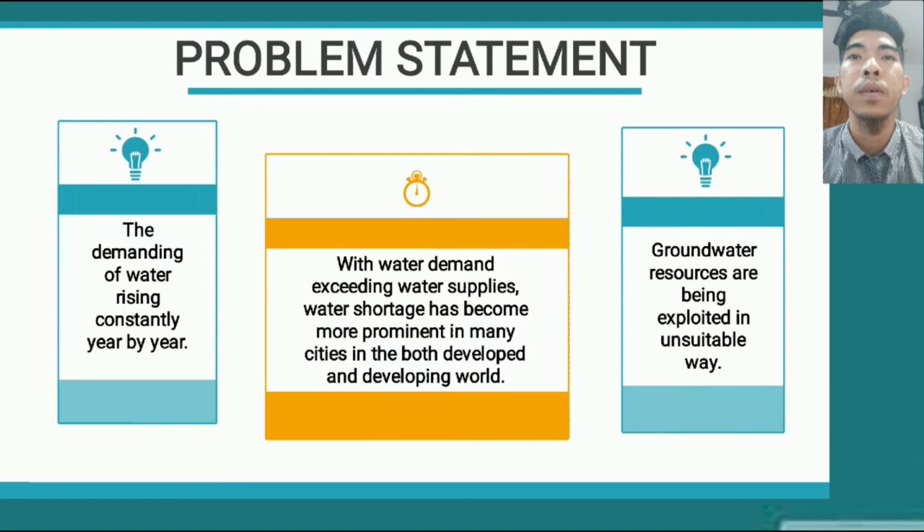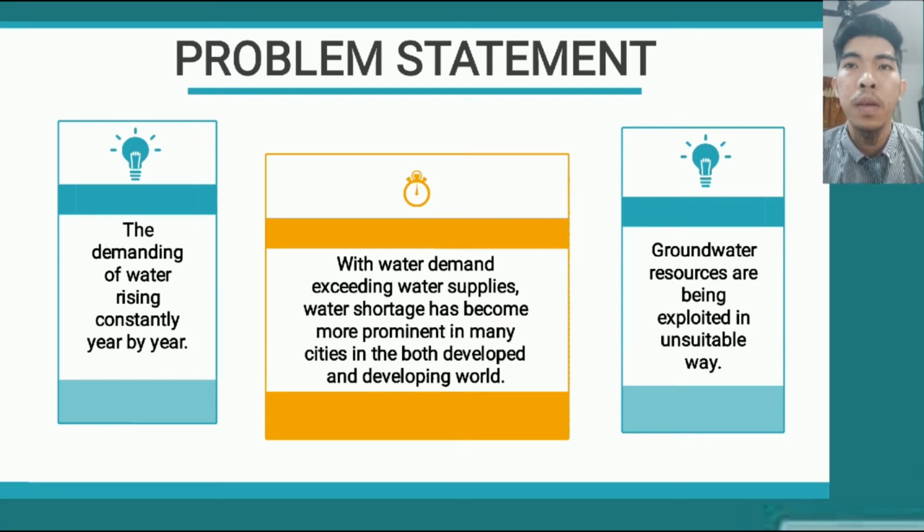Okay, we go to the problem statement. In this area, water has become an increasingly crucial issue facing many cities around Malaysia. Rapid population growth, urbanization, and economic development lead to growing pressure on water resources in urban areas. The demand for water keeps rising constantly year by year. With water demand exceeding water supplies, water shortage has become more prominent in many cities in both the developed and developing world.